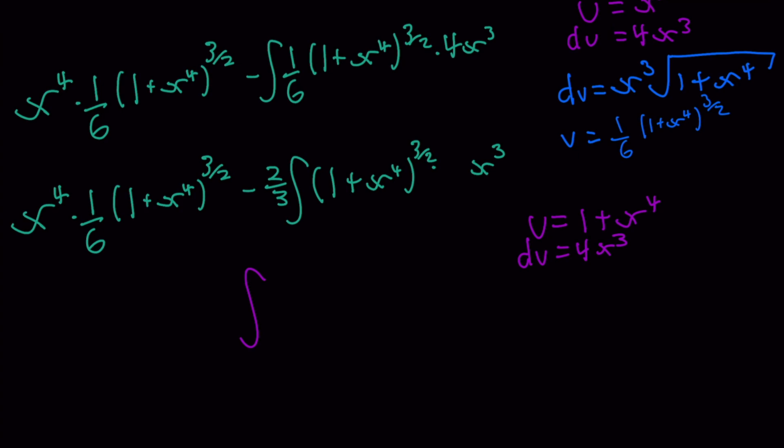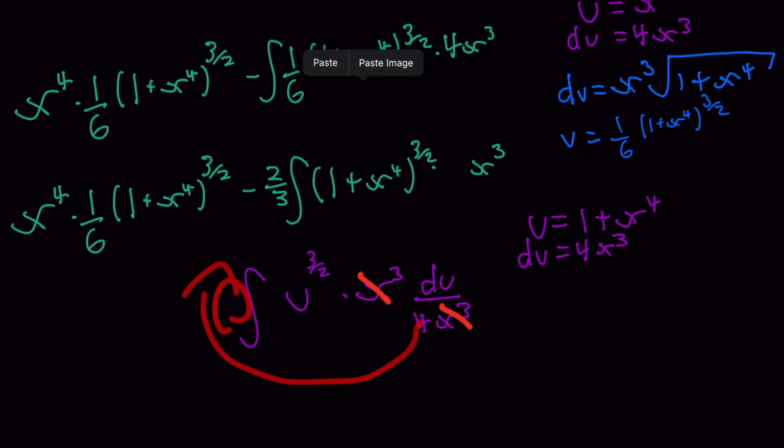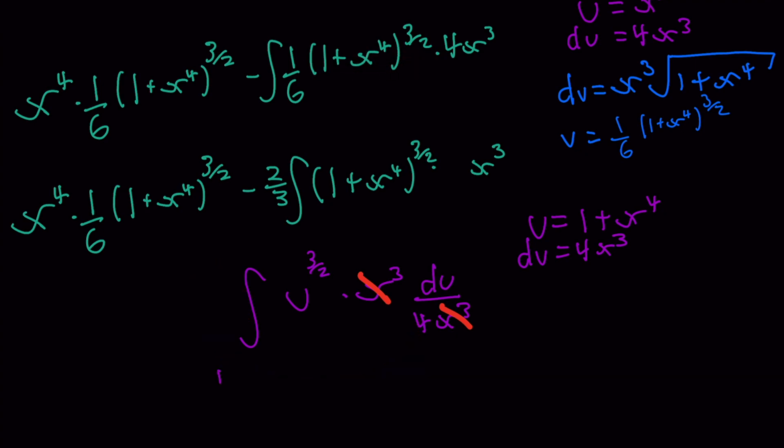We have u to the 3/2 times x cubed du over 4x cubed. Really nice. Cancel, cancel. We're going to pull this 4 out to the front right here. So now we have 1/4 times the integral of u to the 3/2 du.